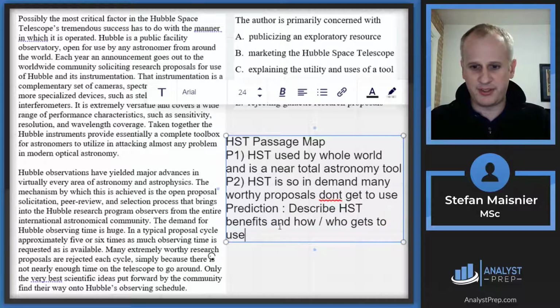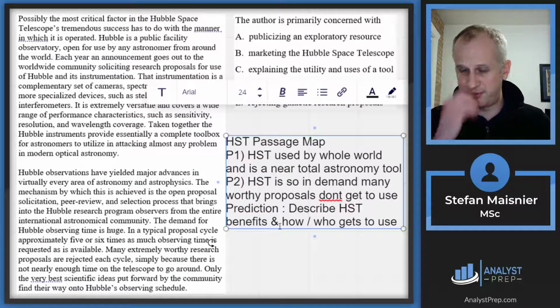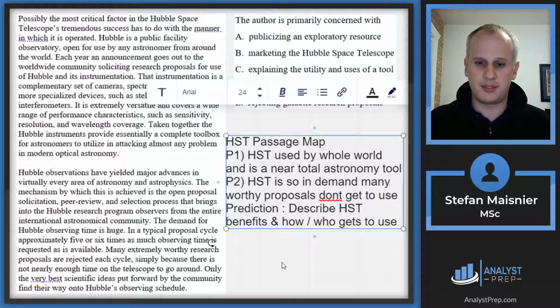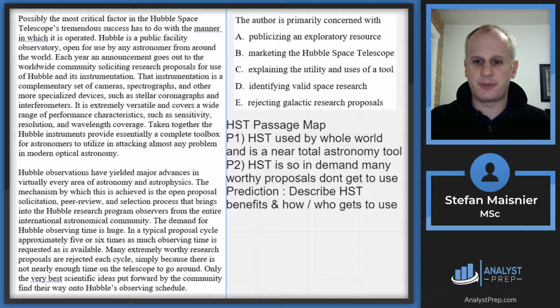So again, nothing overly descriptive, but that will work as we consider what the author is primarily concerned with. Now, on the exam, I would certainly write out the answer choices for process of elimination, but here we'll just focus on what makes an answer choice correct or incorrect.